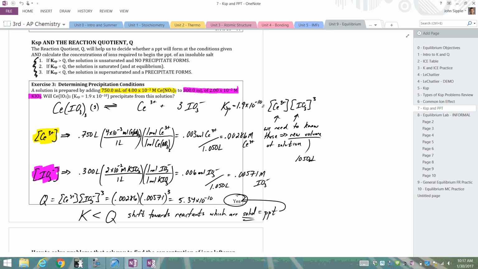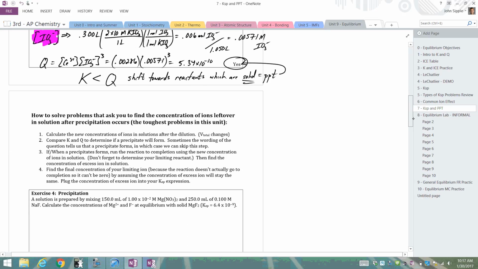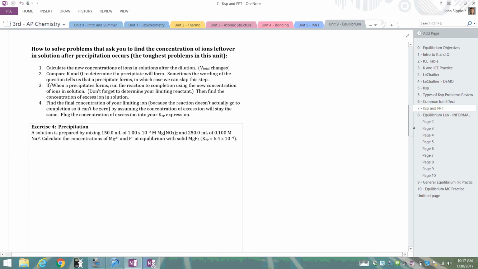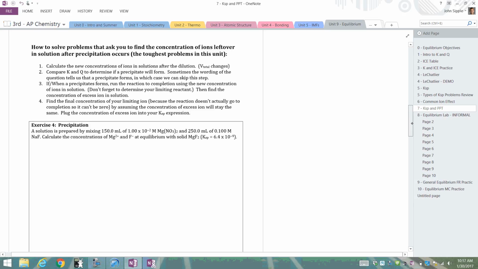All right, so there we go. On the next page, we kind of broke it down a little bit, but now there's an extra thing. These are the toughest problems, because now the next part is to calculate the new concentration for the ions.